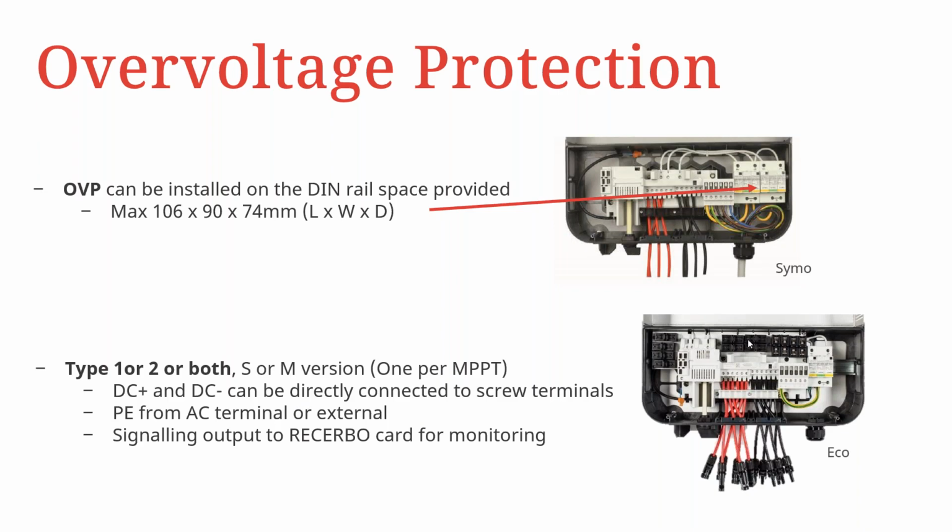Normally inputs are at the top of the screw terminals, and then your earth potential from AC termination or external will be connected. And then obviously the signaling output to the Reservo card for monitoring. This is the cable that is provided with the surge protection kit, which will have to be plugged into the Reservo board underneath.